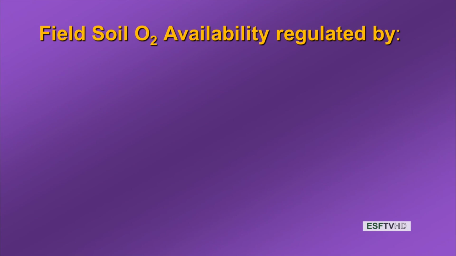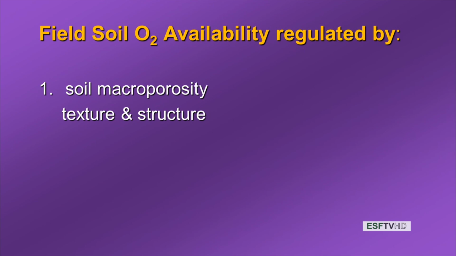Okay. So let's think about field soil oxygen. What's happening out there? What is the concentration? What regulates it? What constrains the availability? We'll look at a number of factors that constrain the availability of soil O2 in the field. The first one is soil macroporosity. We just completed the soil water exercise and we actually calculated macroporosity, and the soil moisture characteristic allowed that.